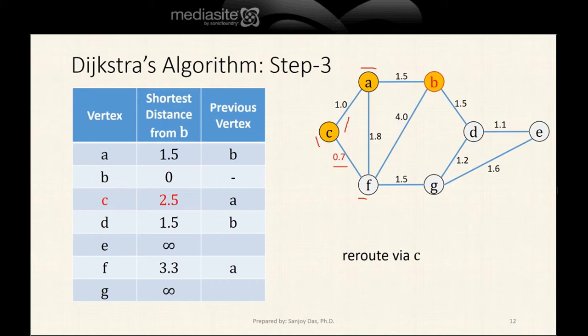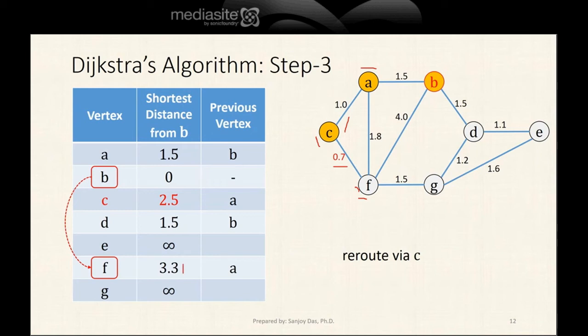So from C, let's see if I can make any improvements to my existing path. From B so far to F, the shortest path that I've found has a distance of 3.3.